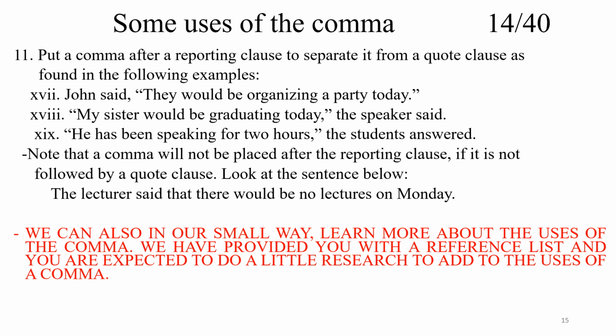And for that matter, if I'm using the indirect speech, it doesn't call for the use of any comma. That one will go wrong. So I will bring the comma only when I am quoting what somebody has said verbatim and I'm using a reporting clause. So after the verb in the reporting clause, I need to bring a comma before I start the exact words of the speaker.